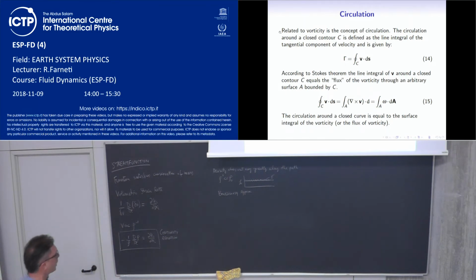So d rho by dt, d rho by dx is very, very small because of this approximation. So we can reduce the continuity equation to this under Boussinesq, because any derivatives in rho are very, very small.